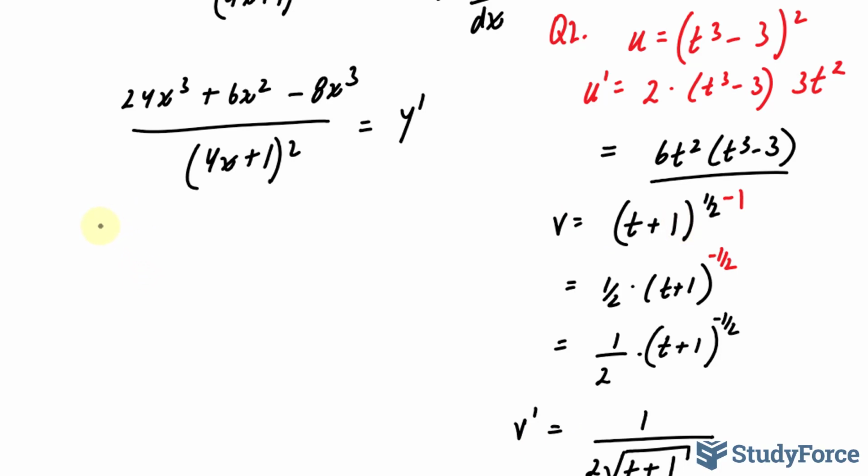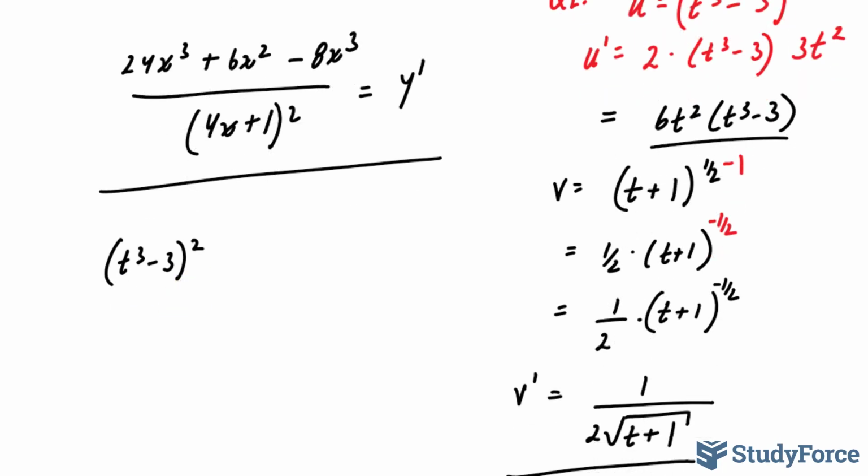So here it is. We have u, which is t to the power of 3 minus 3, to the power of 2, times the derivative of v, which is simply 2 square root of t plus 1, and I multiplied the 2 and I ended up with that. Minus, now we keep this part the same, t plus 1, and I'll bring it back to radical form.